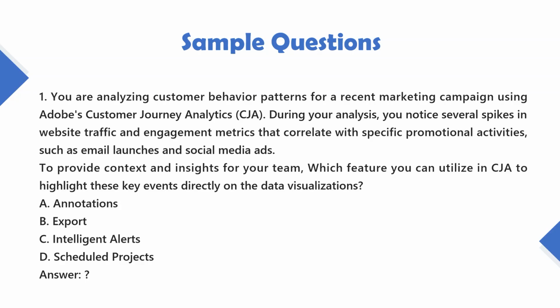To provide context and insights for your team, which feature can you utilize in CJA to highlight these key events directly on the data visualizations? A. Annotations. B. Export. C. Intelligent alerts. D. Scheduled projects.